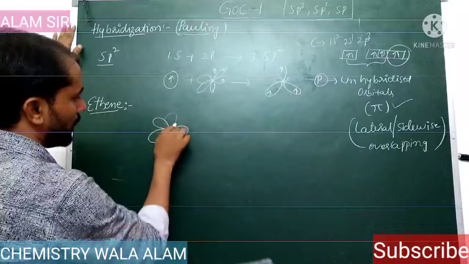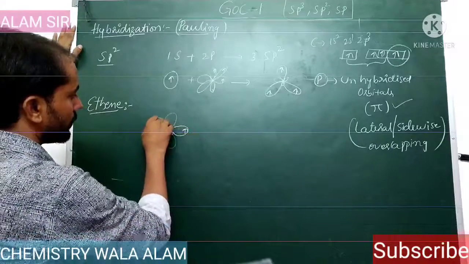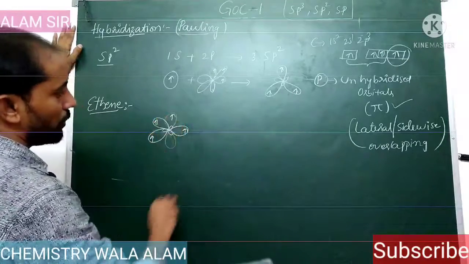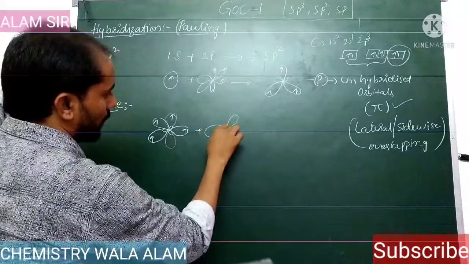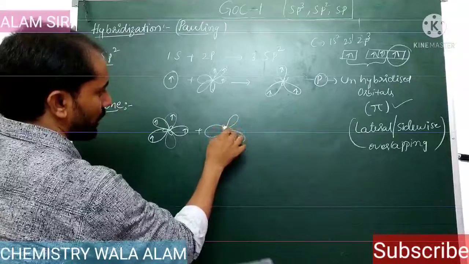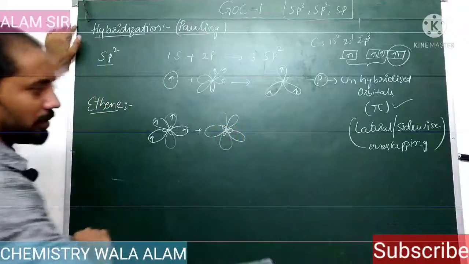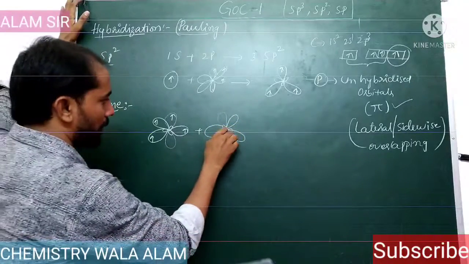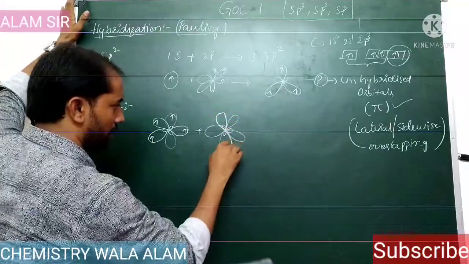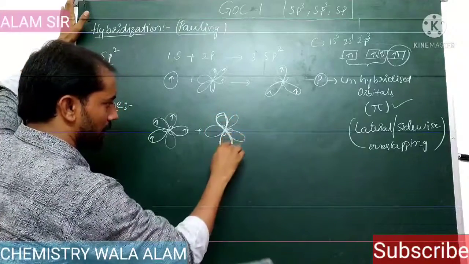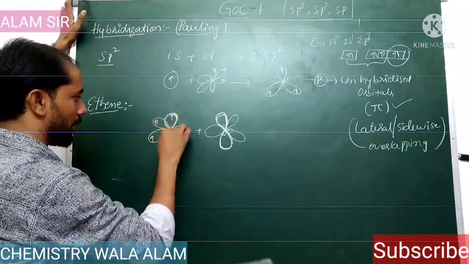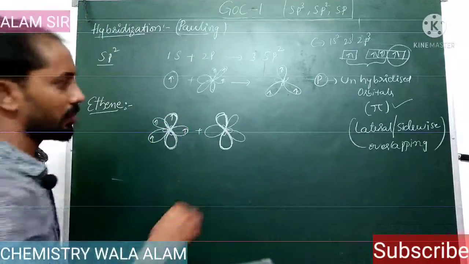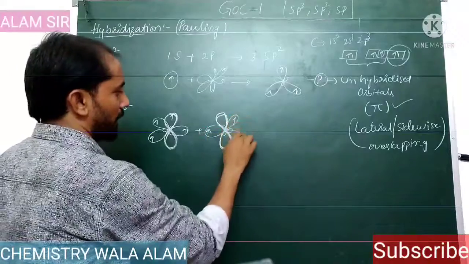Each has one unhybridized orbital, and three hybridized orbitals. I will draw the unhybridized orbital with a thick line. This is the unhybridized orbital, and this is the hybridized.